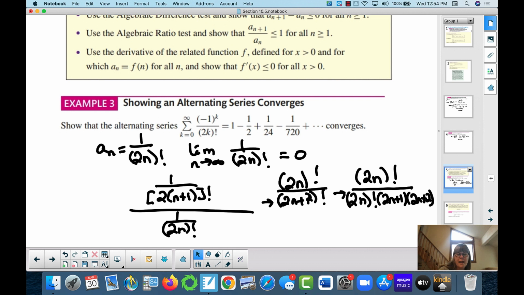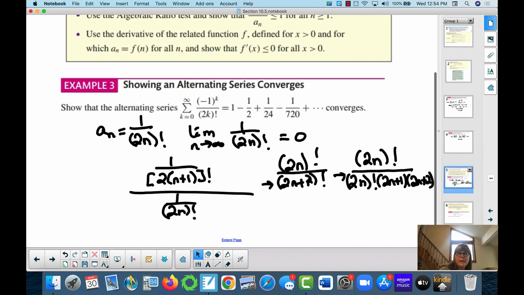I'm sorry, it's not adding, it's multiplying. So if we multiply by those two terms, then these are the same thing, and that allows us to cancel them to get 1. So that's equal to 1 over 2n plus 1 times 2n plus 2.